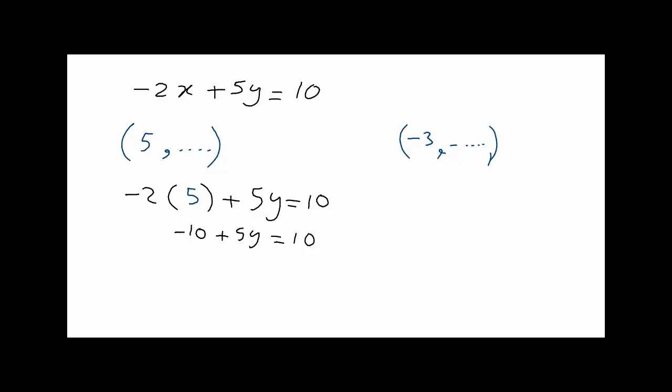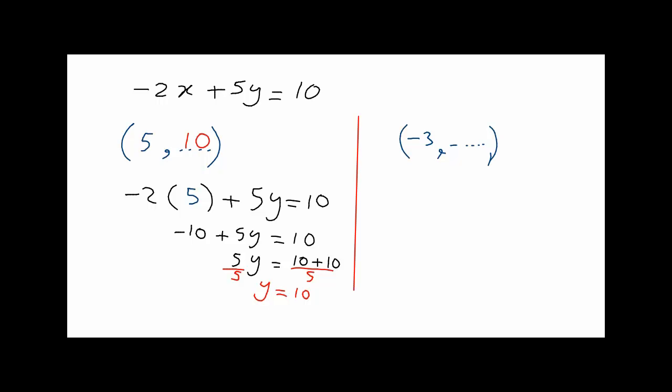Taking negative 10 to the other side, 5y is equal to 10 plus 10, which is 20. Dividing both sides by 5, y is equal to 4. So we found the y coordinate, and the ordered pair is 5 and 4.